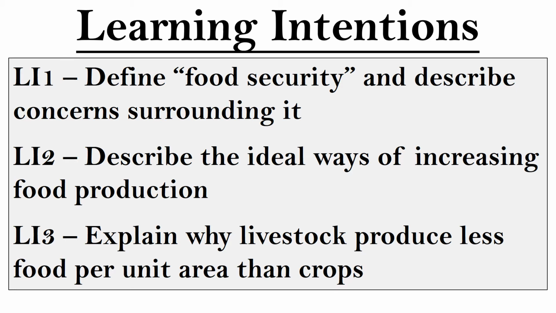This first bit: define food security and describe the concerns which surround it, then describe the ideal ways of increasing food production, and the last one is to explain why livestock produce less food per unit area than crops. So in half an hour from now, you should be able to do each of these.